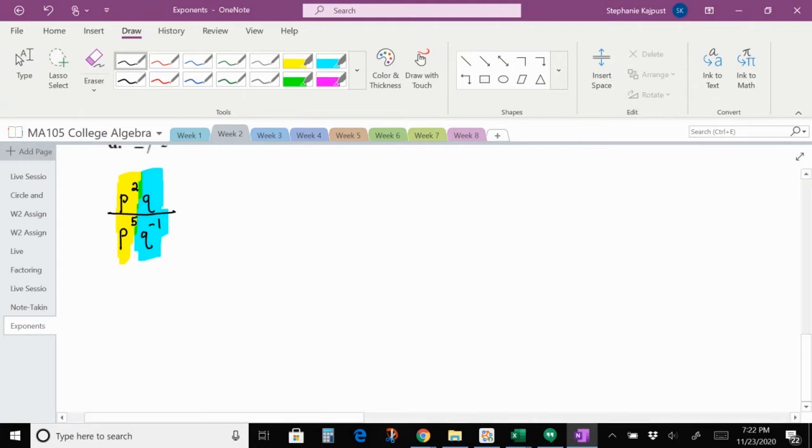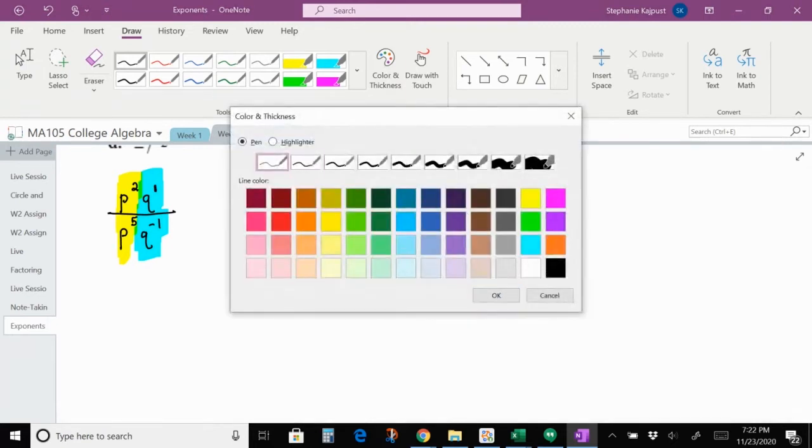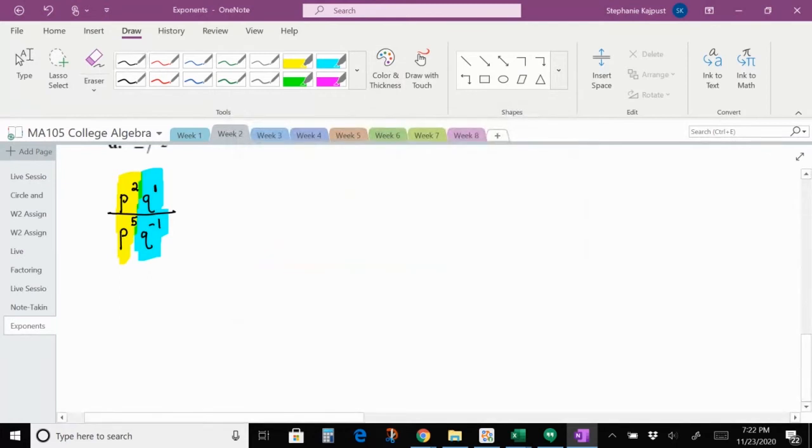So like that q on top, I don't have an exponent, so I can put a 1 there. And when we simplify here, we subtract top minus bottom. So for the p, it's 2 minus 5. I'm actually going to write that out so you can see that. That's what we have for our exponent. And then for q, it would be 1 minus -1.